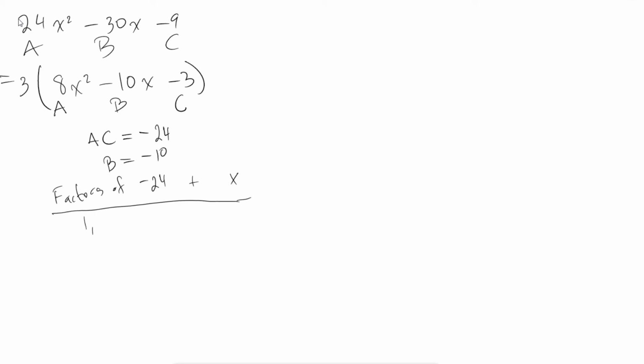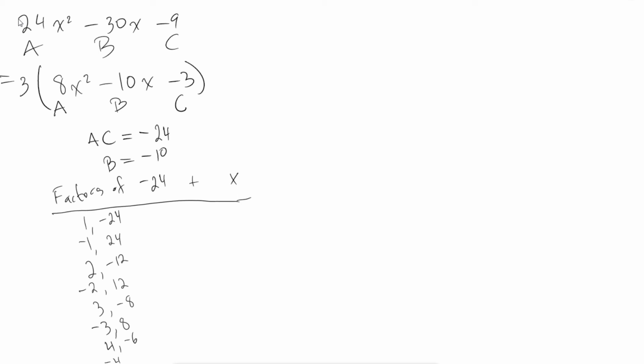So we have positive 1, negative 24. Negative 1, positive 24. Positive 2, negative 12. Sorry, I'll go the same order. What am I doing? Changing it up all of a sudden. Negative 2, positive 12. Positive 3, negative 8. Negative 3, positive 8. Positive 4, negative 6.